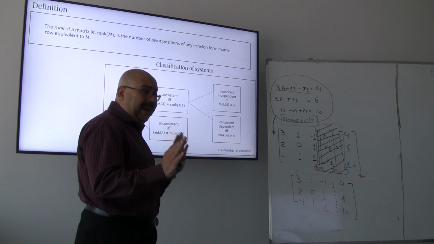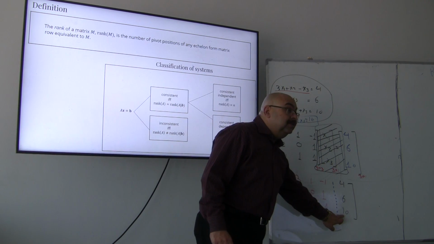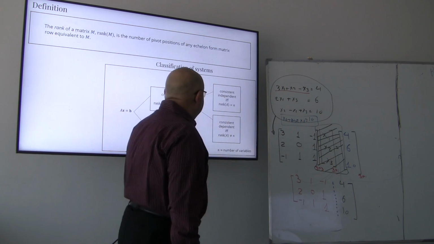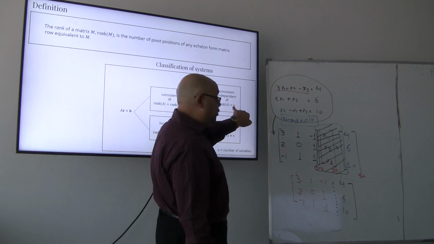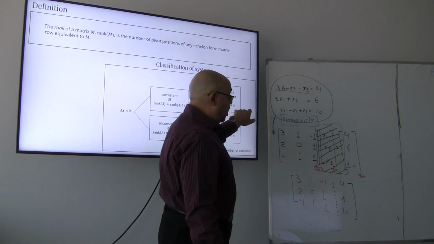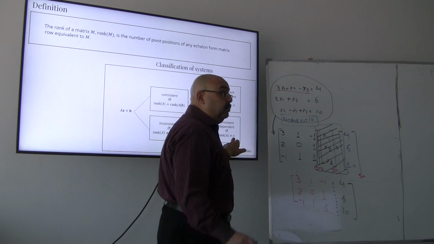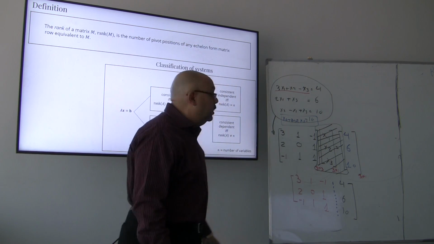And this mainly will happen while you have 0, 0, 0, and this one is not 0. So this is the no solution case. Okay, if the ranks are equal and they equal the number of unknowns, you will have a unique solution. If the ranks are equal but they are not equal to the number of variables, then you will have an infinite number of solutions.